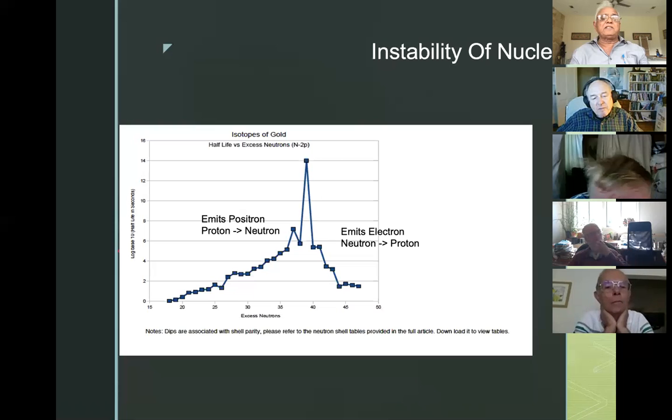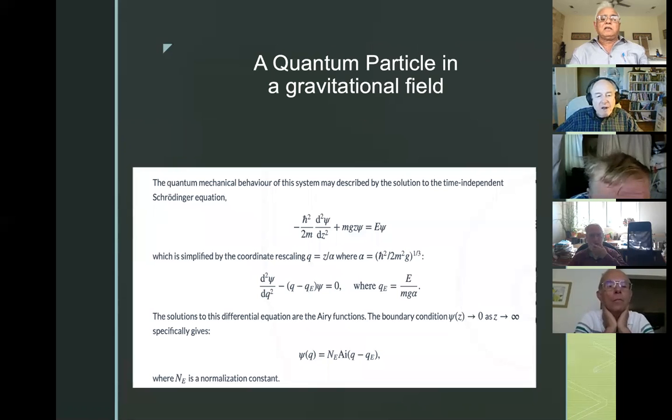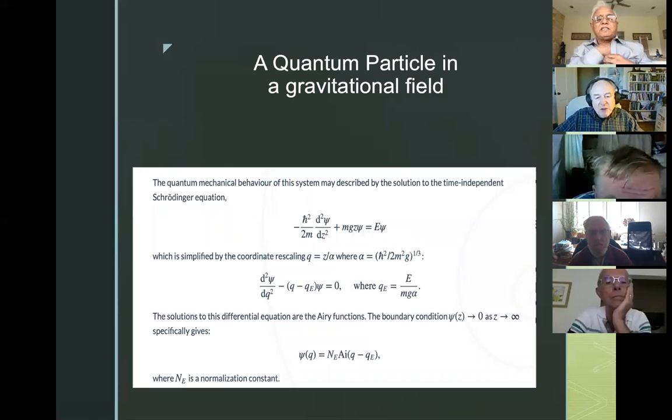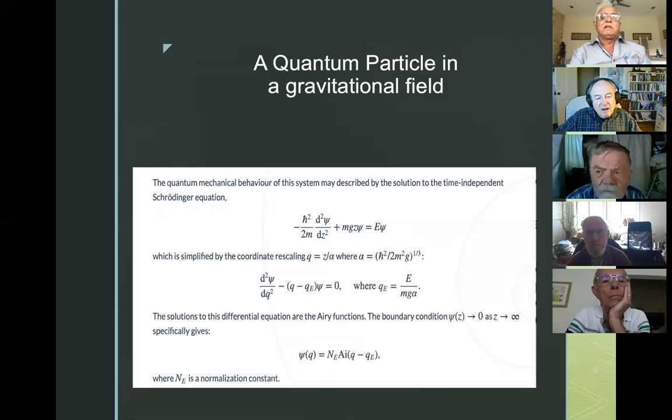So I said, let's look at quantum mechanics and see if it can help us. Here is the time independent Schrodinger equation, and we are investigating the quantum particle in the gravitational field.